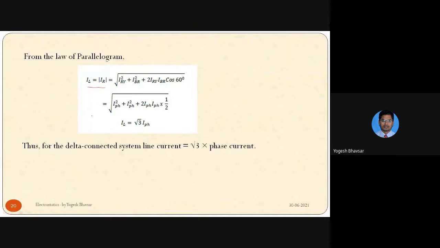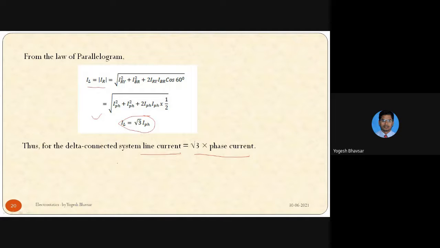So when we solve it, you will get IL is equal to root 3 IPH. So generalizing it, IR, which is the line current IL, is equal to root 3 times IPH. So thus for delta connection, line current is equal to root 3 times phase current.